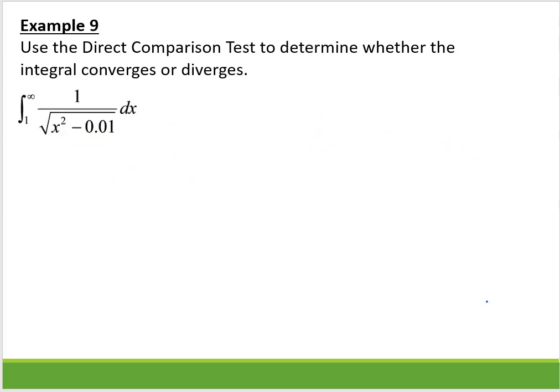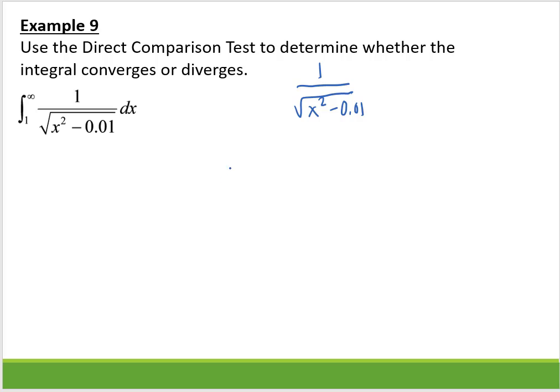Okay, next one. Using the direct comparison test to determine whether or not this converges or diverges. Notice I'm not even trying to find the value of these integrals. I just need to know whether or not they converge or diverge. So what we're going to do is compare this function to another function.